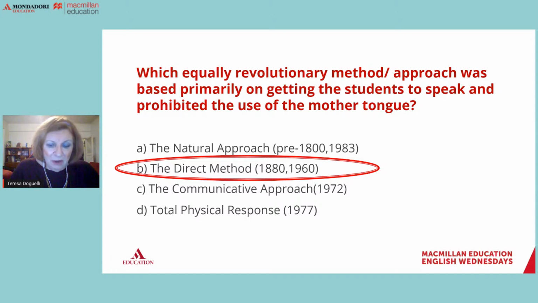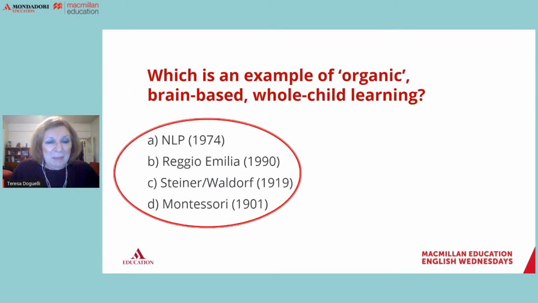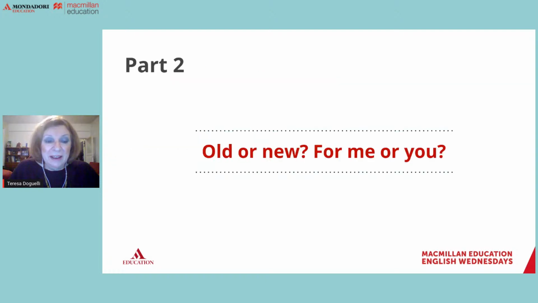If I go back, no, I can't go back any further, but the grammar translation, quite a few of us may still be using different methods. And the answer is, I don't think any of them have sell-by dates. We can still use a lot of things. There's still a lot of good around. But the difference today is that it's eclectic, it's a mixture.